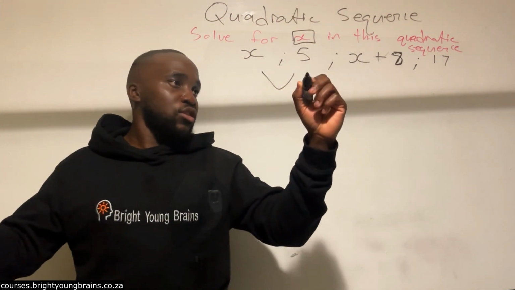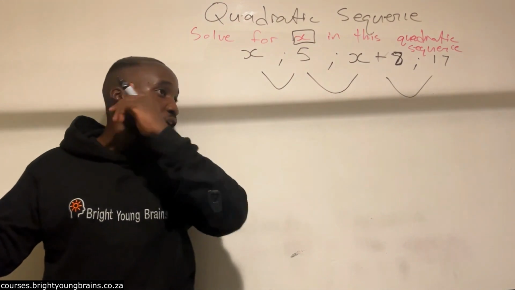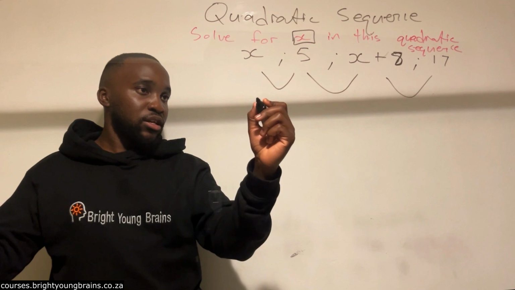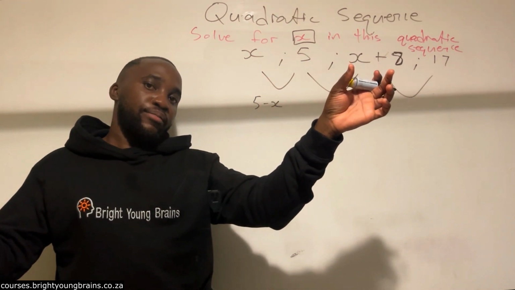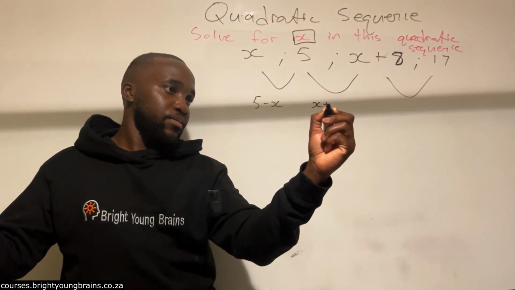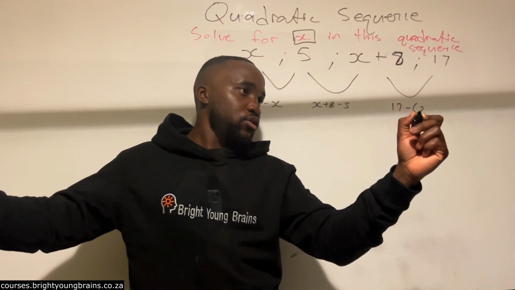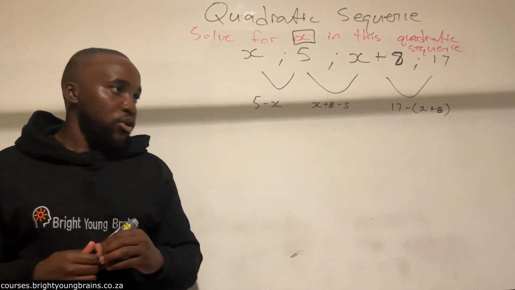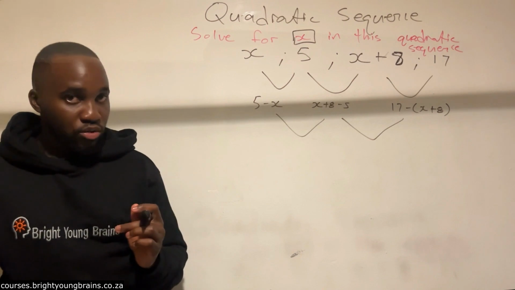So because this is a quadratic sequence, already we know that we have a sequence of first differences. 5 minus the x will be this value here. 8 plus x plus 8 minus 5 is what you're going to get here. And then 17 minus this is what you're going to get here. You see, brackets are important. Now what we already know is that our second common difference is what's equal.